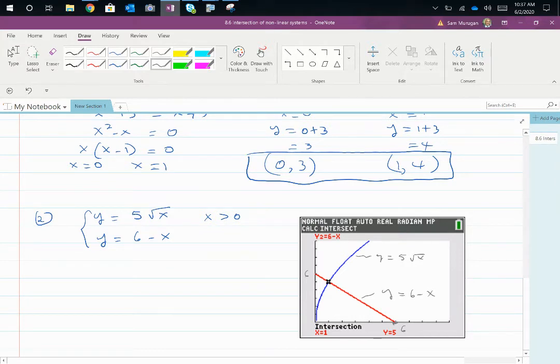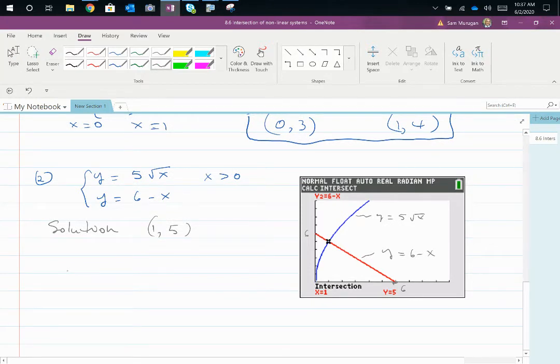Algebraically, if you wanted to find the answer, the solution is 1 and 5. Now, algebraically, you can do this by setting the two equations equal to each other. So 5 square root x is equal to 6 minus x.